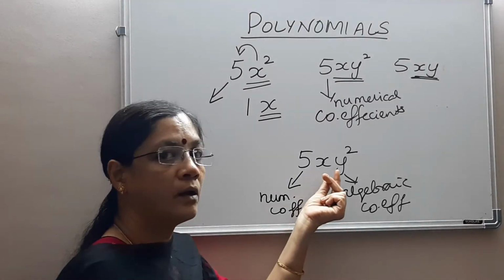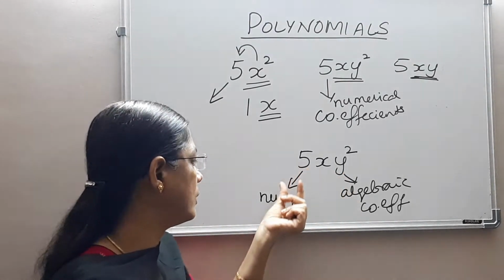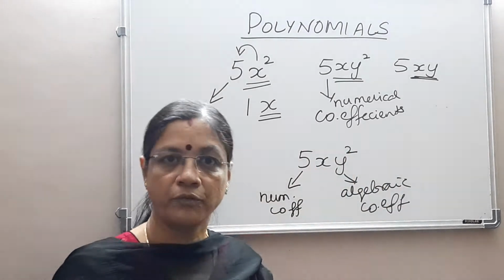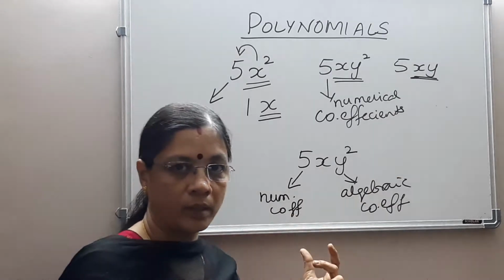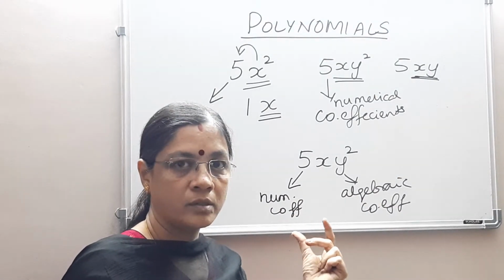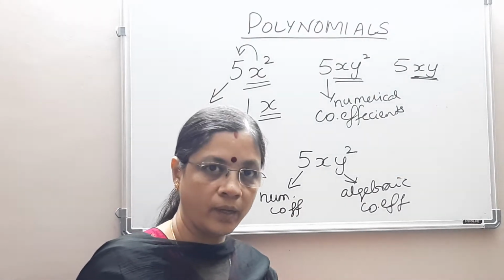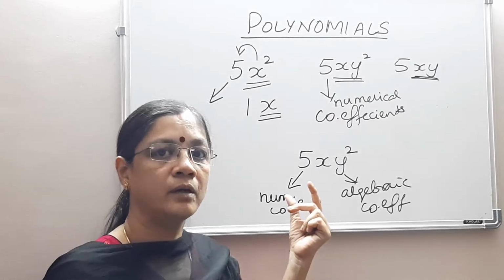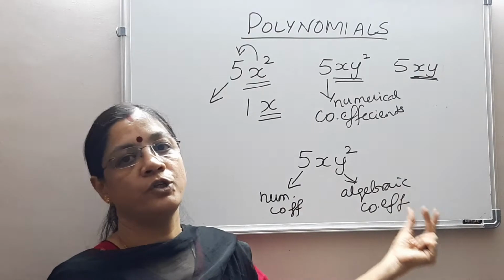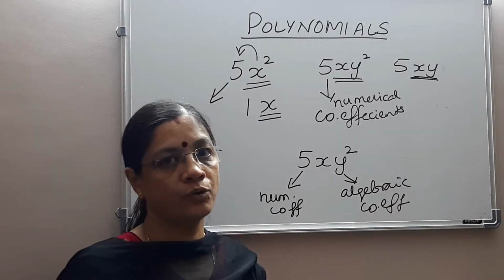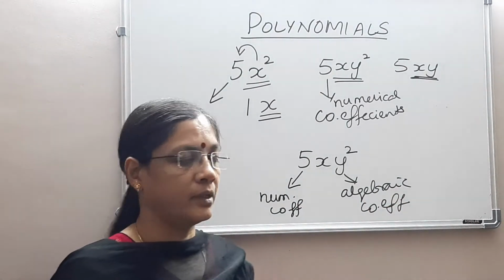That is, here for x we need to find the numerical coefficient and the algebraic coefficient. Do you understand? The term which accompanies the variable, whether it is a constant or a variable, whether what is asked is a numerical coefficient or an algebraic coefficient, you should be able to identify them in a term.